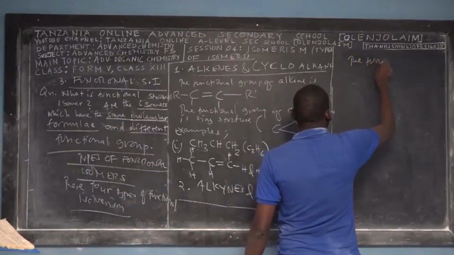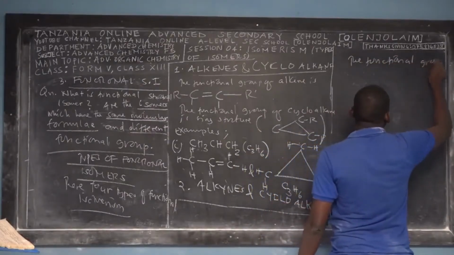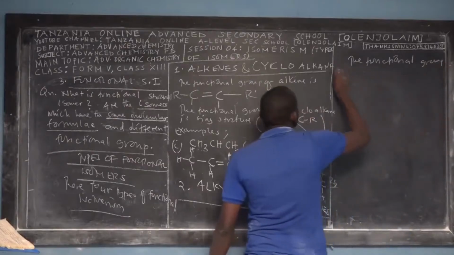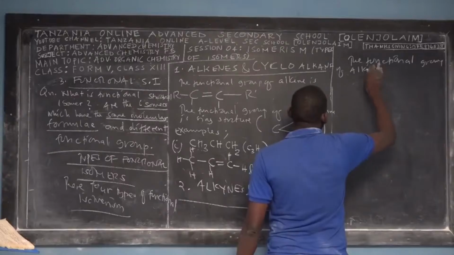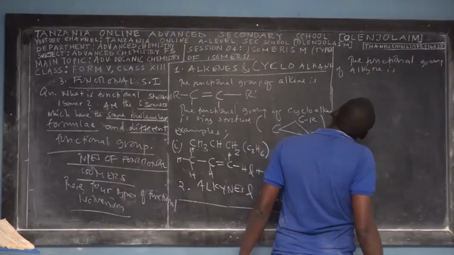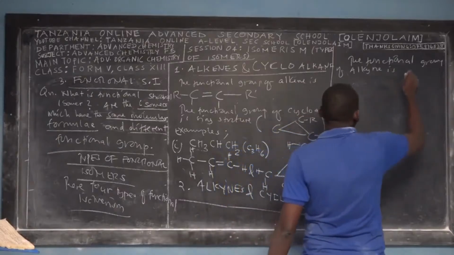The functional group of alkynes is the triple bond.